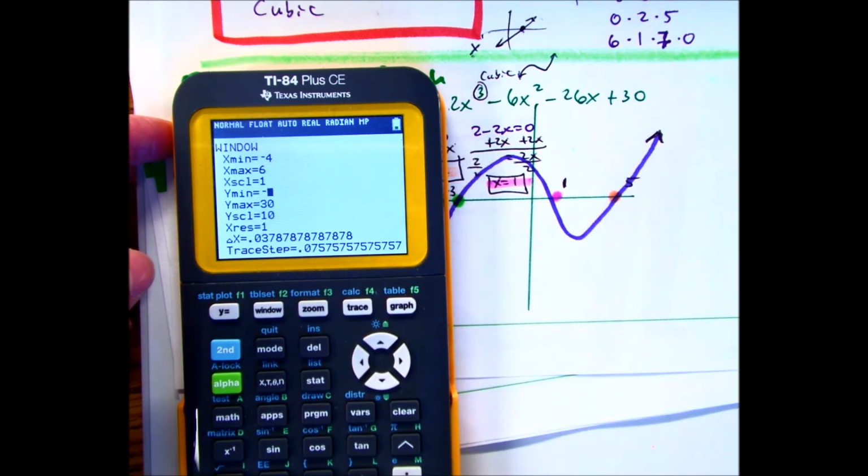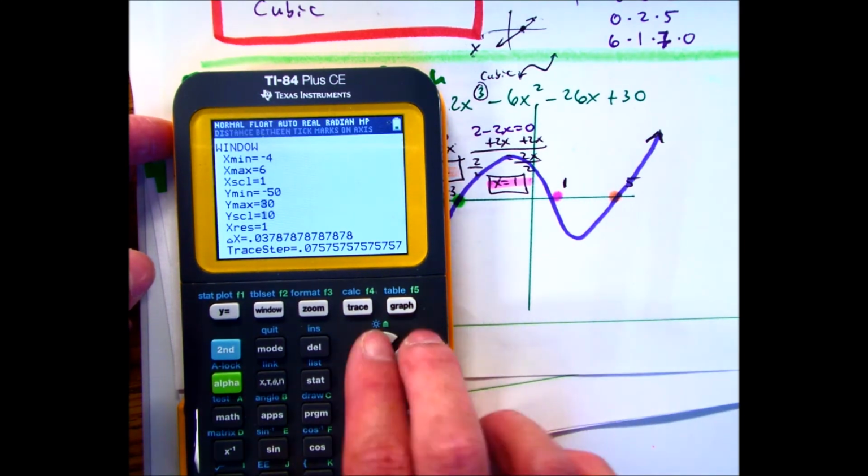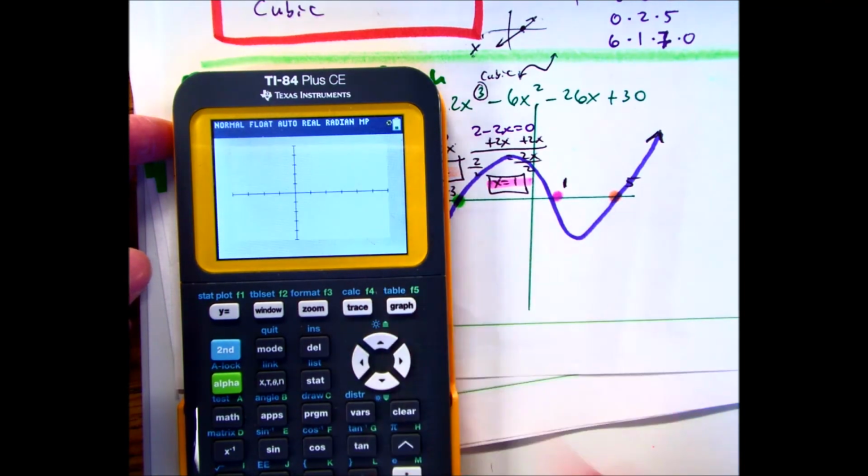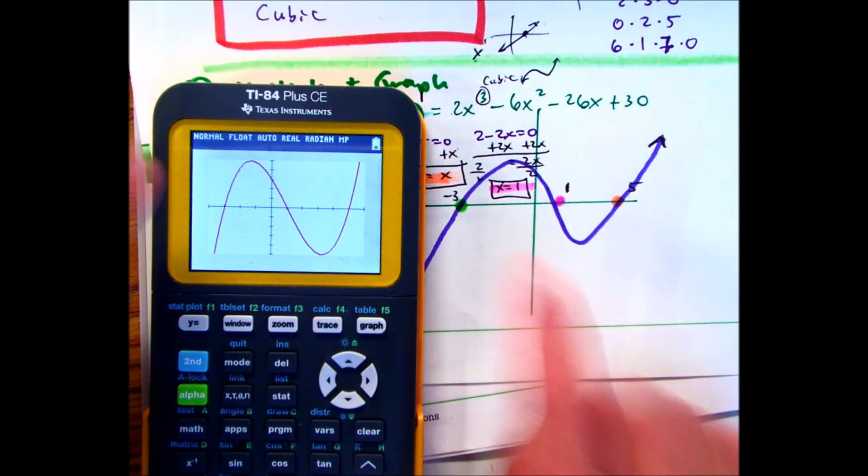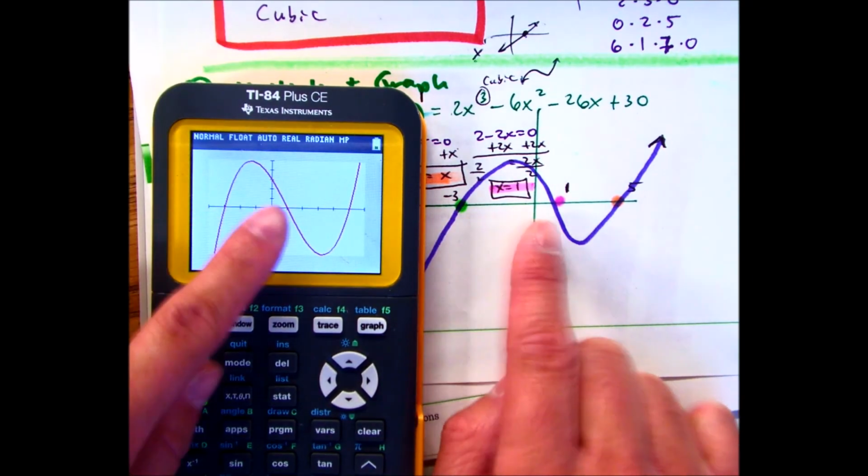Let's try -50, +50. Comes the red. And that actually looks like our graph, doesn't it?